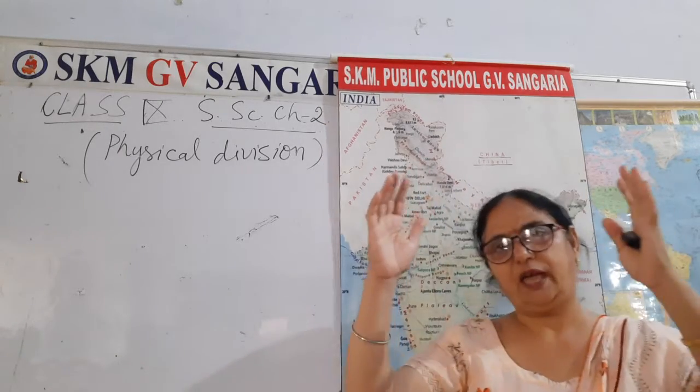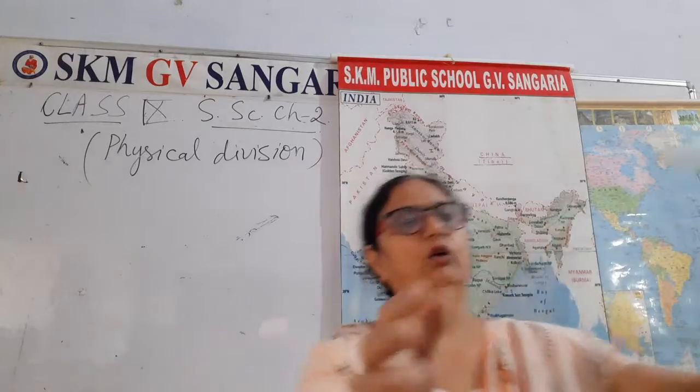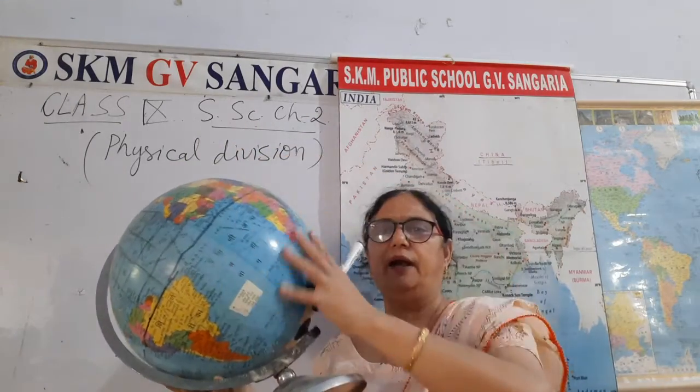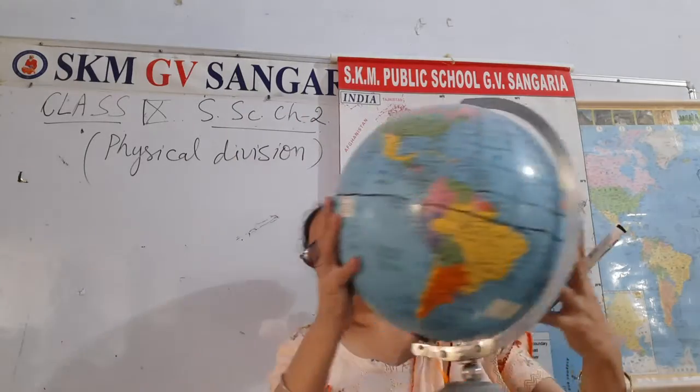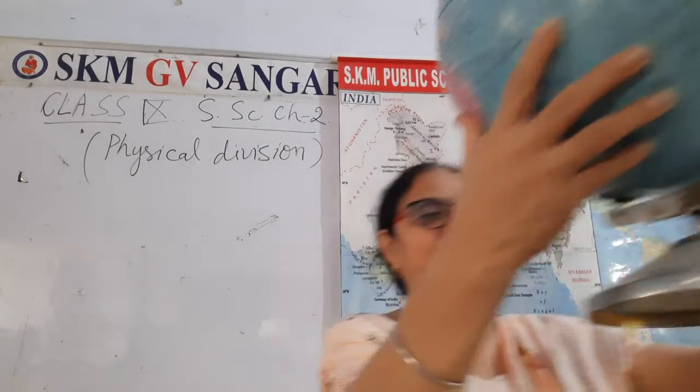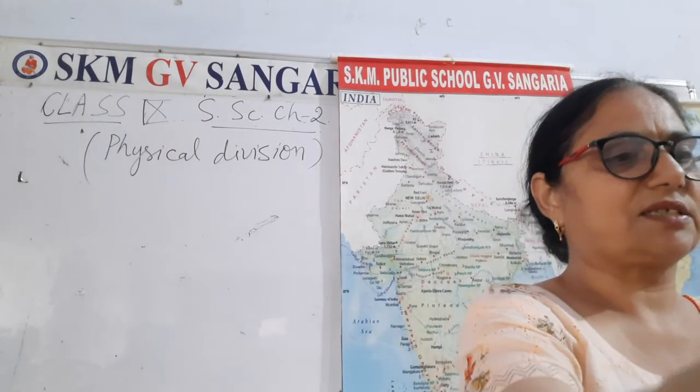If we talk about the whole globe, the whole world, it is the upper layer of the earth that is visible to us, the crust.